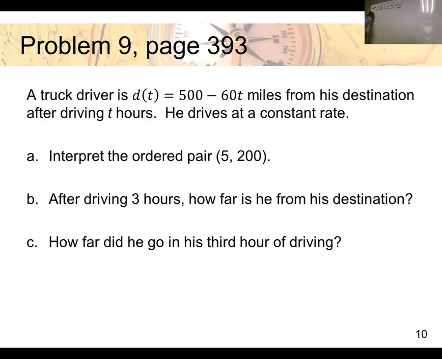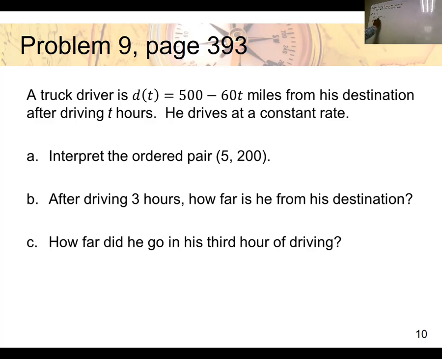So here we just do a substitution for t in that function. He drove 3 hours, so that means t is equal to 3. And our d of t is equal to 500 minus 60t. Everywhere I see a t, I'm going to substitute it with 3.